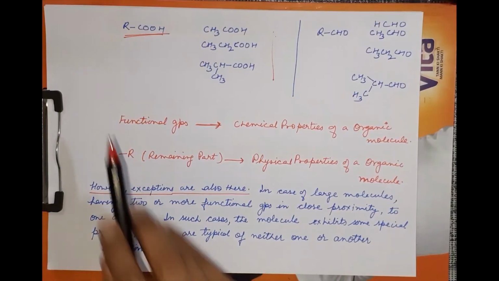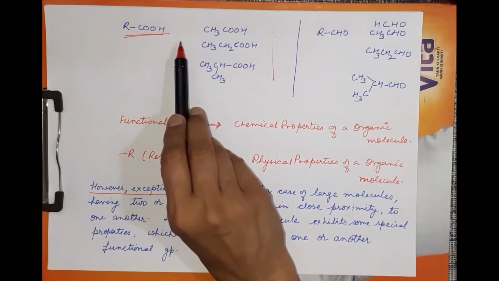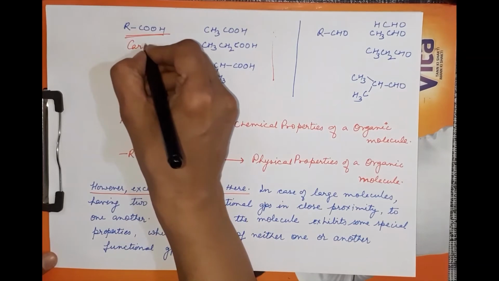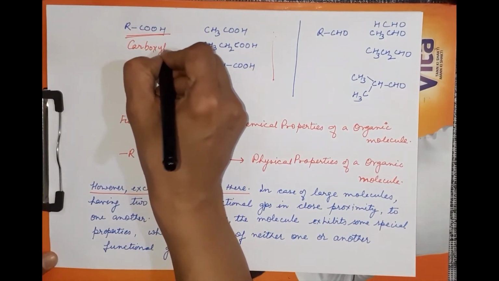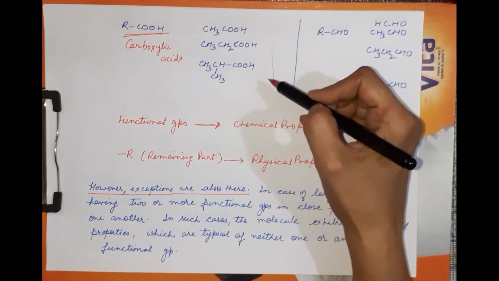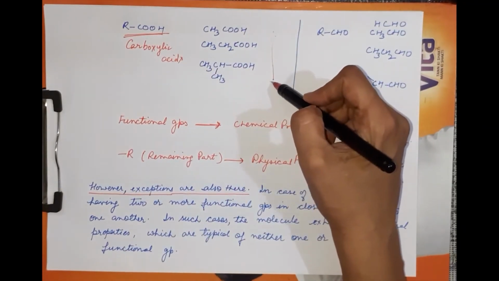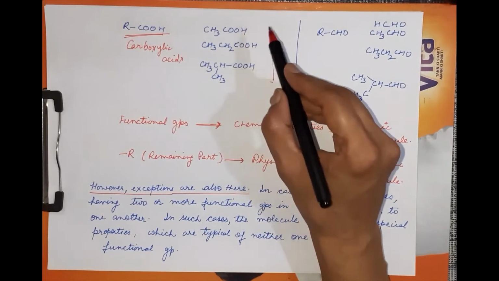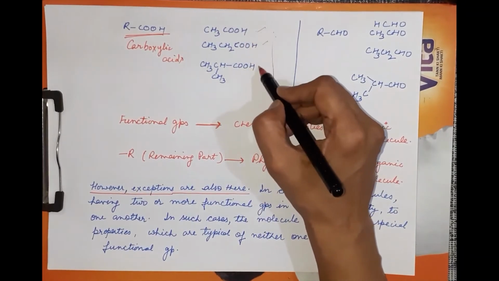Here I have written RCOOH. This is the carboxylic acid. These are a few examples of carboxylic acid, because all of them are having the same functional group, COOH, COOH, COOH.